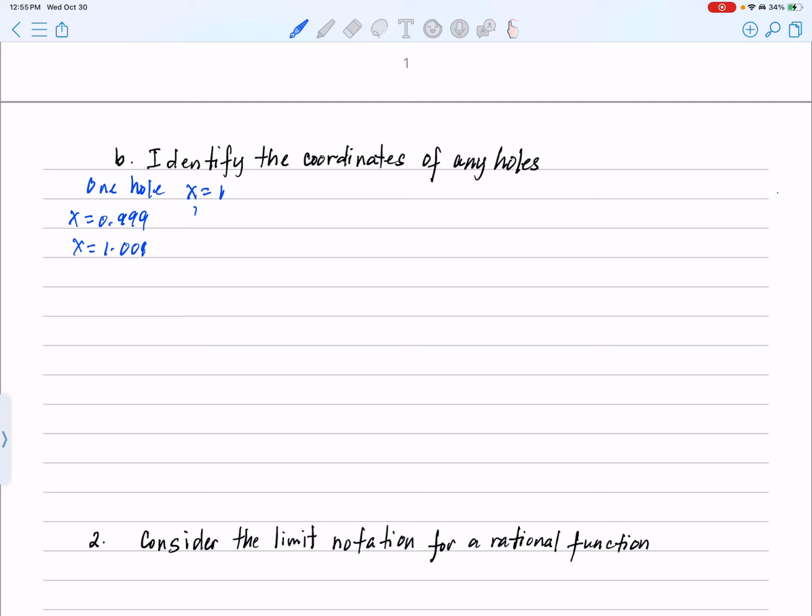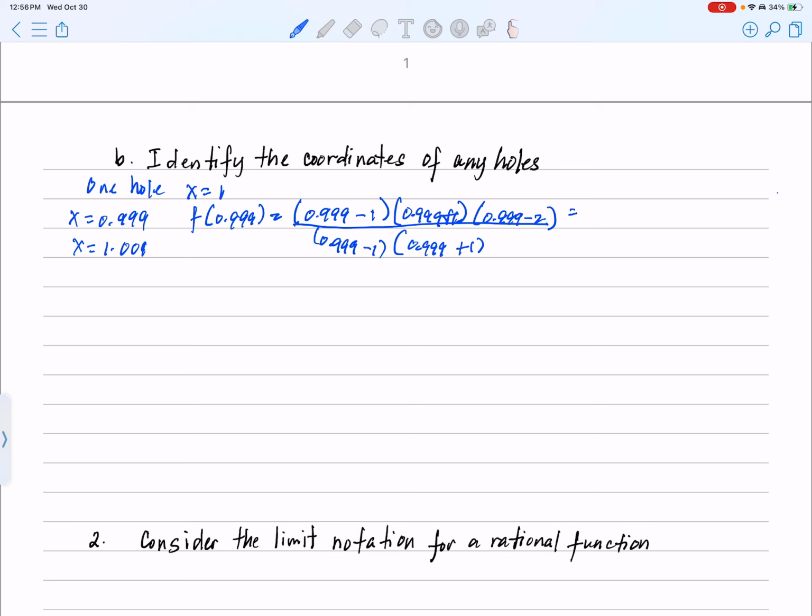What will be the function if it's 0.999 and replace it to the equation? x minus 1, replace the x value. 0.999 plus 1, and then 0.999 minus 2, divided by 0.999 minus 1 and 0.999 plus 1.